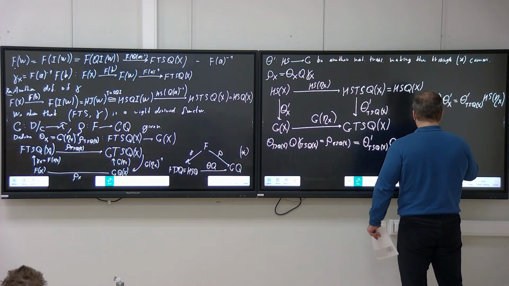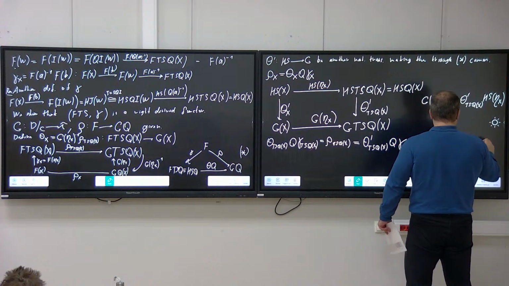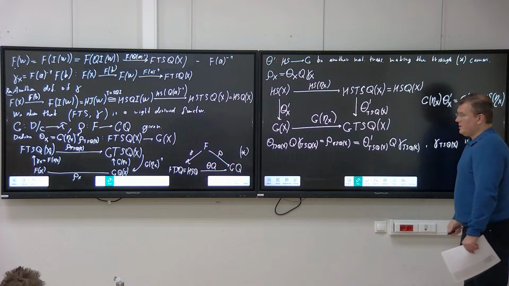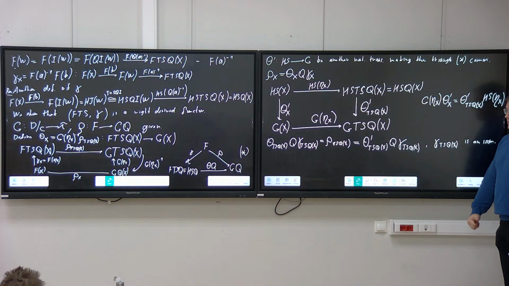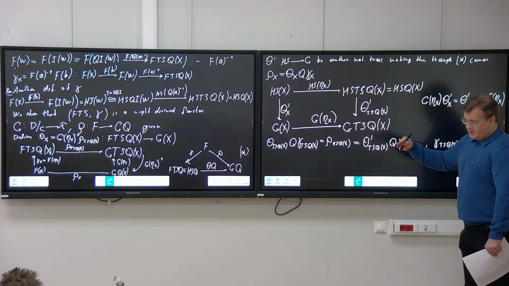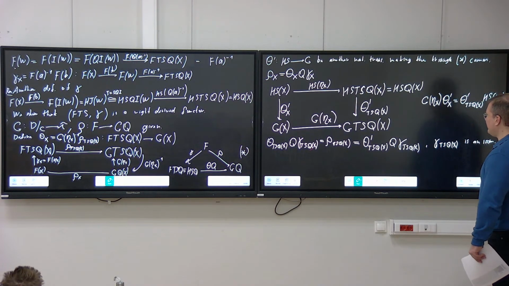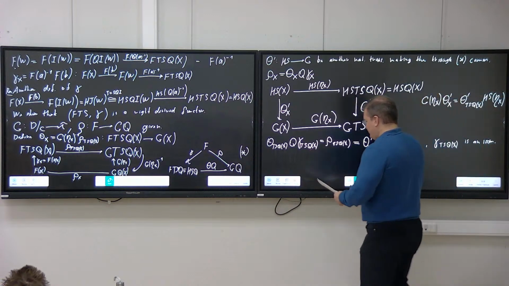So gamma T S Q of x is an isomorphism. Because if you return to the definition of the gamma, and since you know that the composition of the T S Q is an isomorphism, then the eta sub x you can choose to be just the identity. When you take the identity, you apply the F, and you get an isomorphism. So that's an isomorphism for this object.